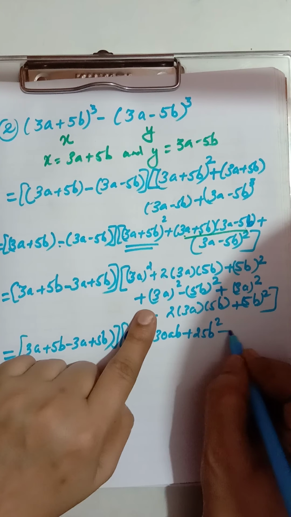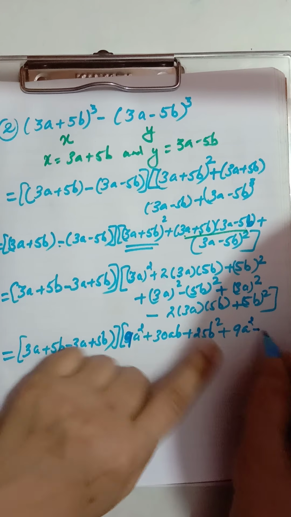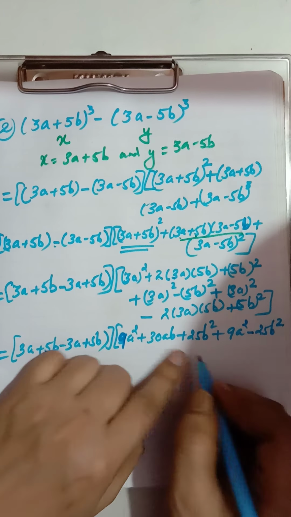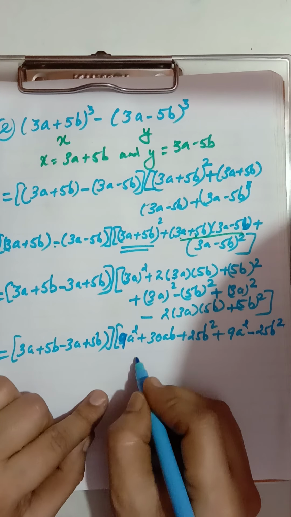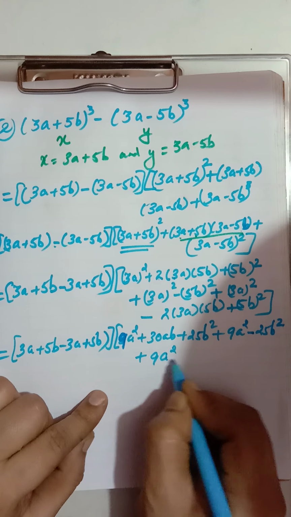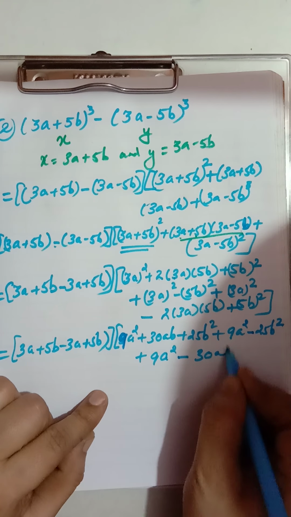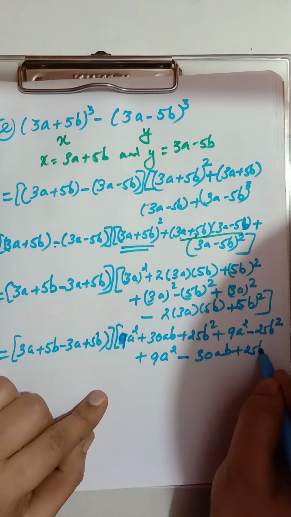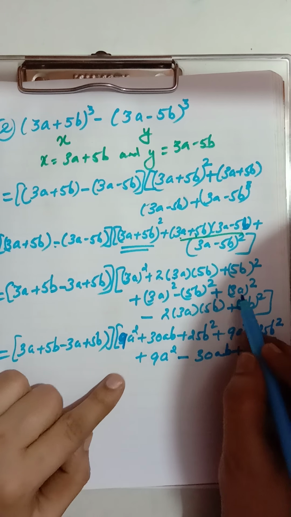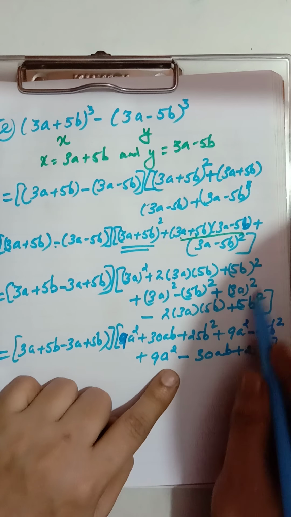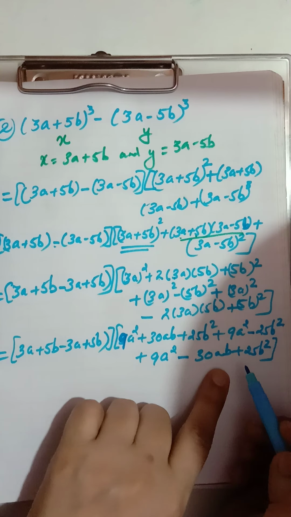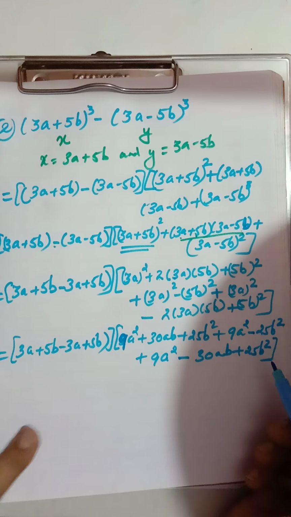Now this becomes plus 9a² − 25b², and last one will be plus 9a² − 30ab + 25b². See here, 3 square is 9, 9a², okay, 9a² − 30ab + 25b².